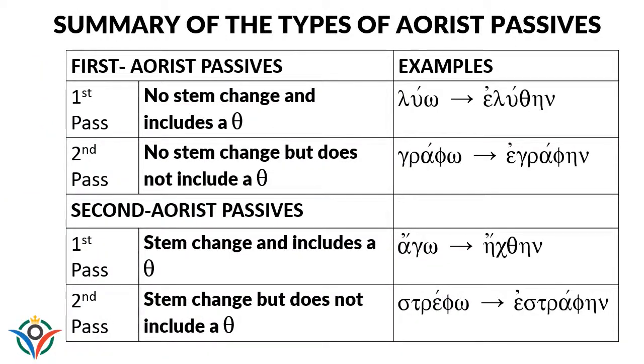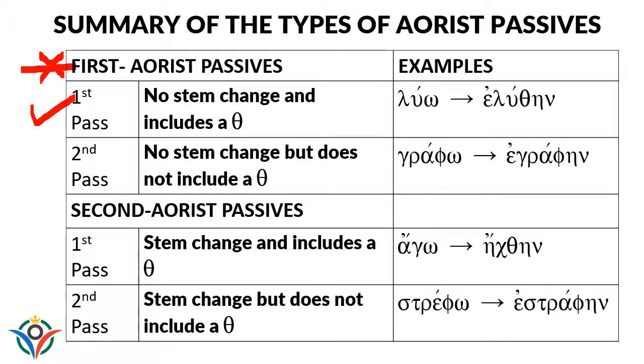So using the methodology, here is a summary of the types of aorist passives. So if you can remember this table, I think it's going to save you a lot of time and energy and frustration going forward as you learn Greek. So here we have the first aorist passives, all right, and I've summarized this as the first aorist first passives.